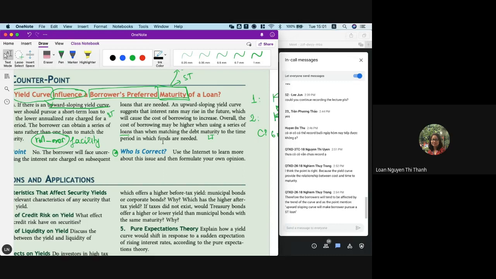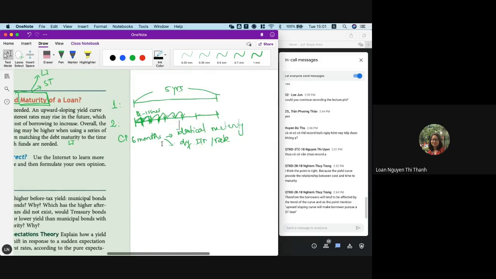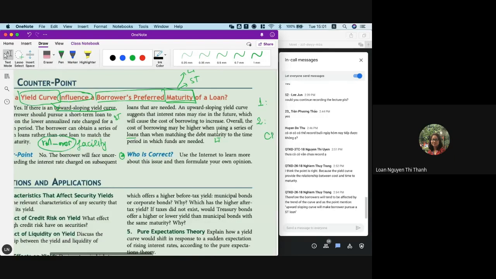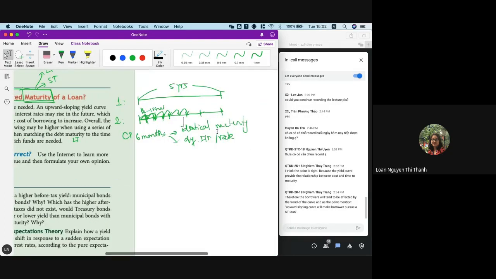So if you are the borrower, you need funds in the long term. Let's say you need funds in the long term. Which option do you select? A long term or a series of short terms? The long term is for the counterpoint, and a series of short terms is for the point.